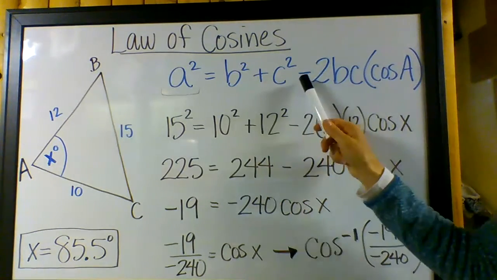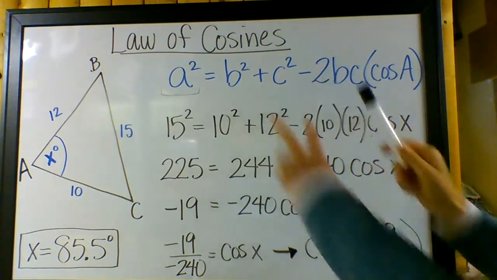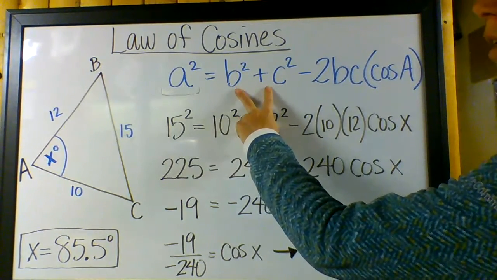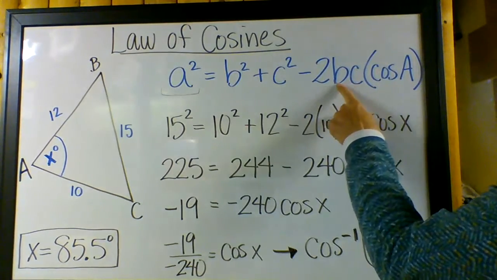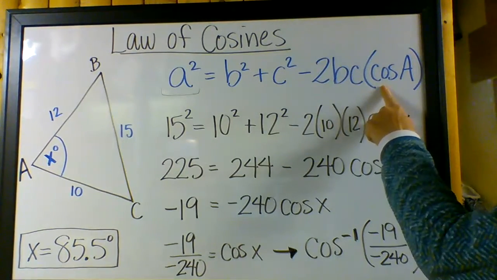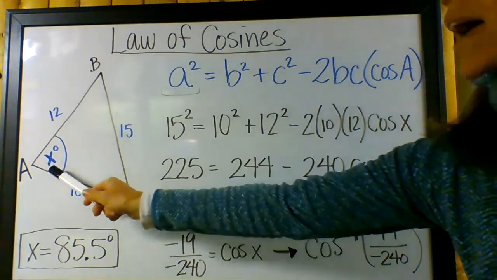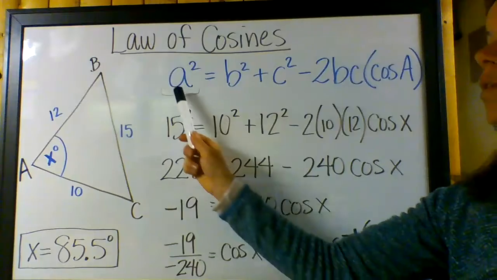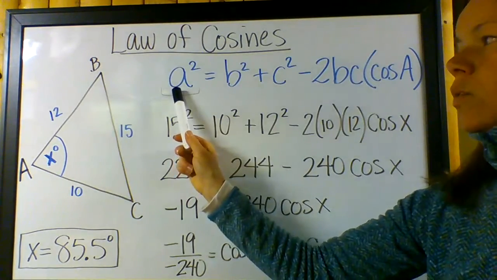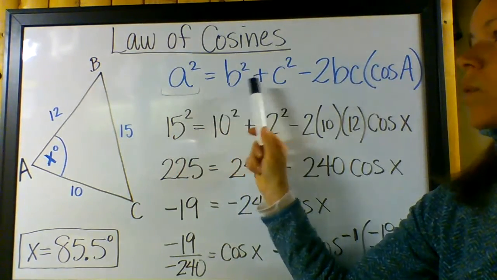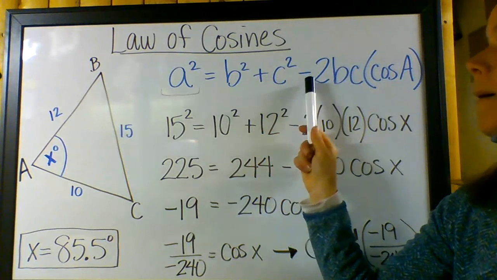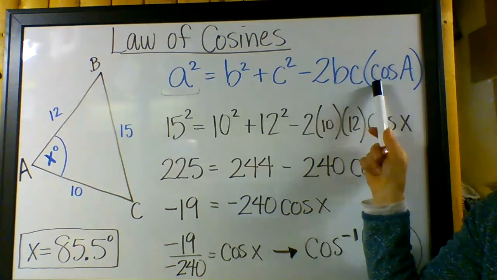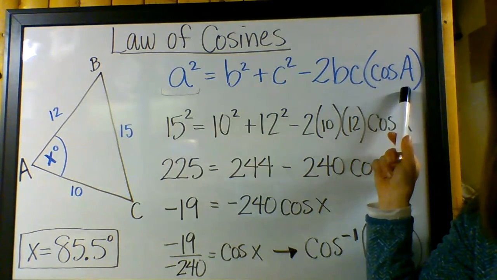And then minus 2 times these two sides that are not opposite the angle, times each other, all times the cosine of the angle that we're given or that we're looking for, okay? So the side opposite the angle squared equals the second side squared plus the third side squared minus 2 times the second side times the third side, all times the cosine of that angle.